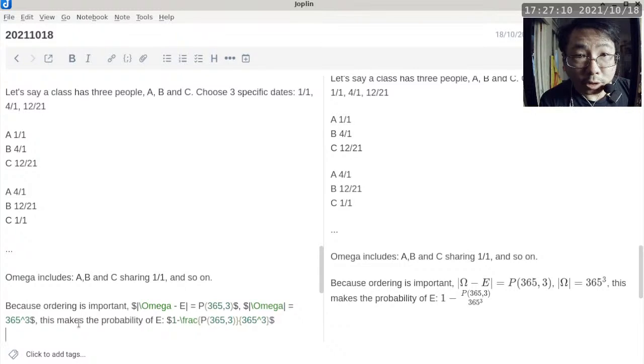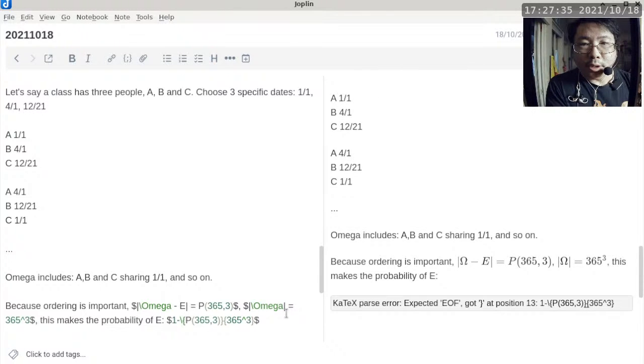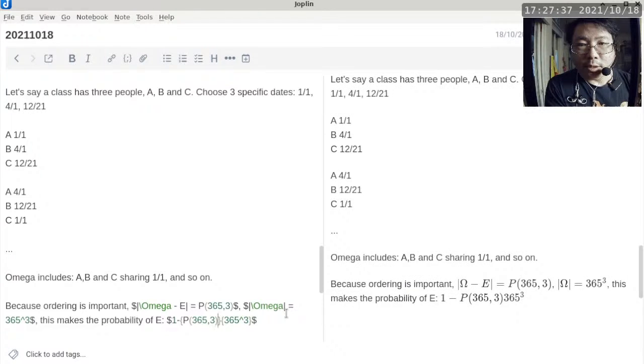And the fraction is missing the bar in between, which is interesting. I don't see why it would be missing that, but it is missing. See this here? There's no bar in the fraction. Suppose I can change the notation and not use fraction, and instead use just plain old division.